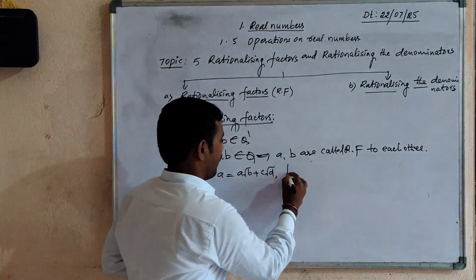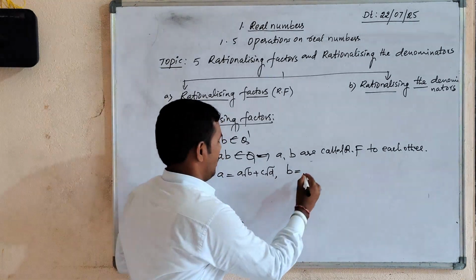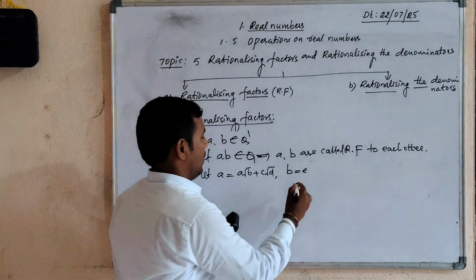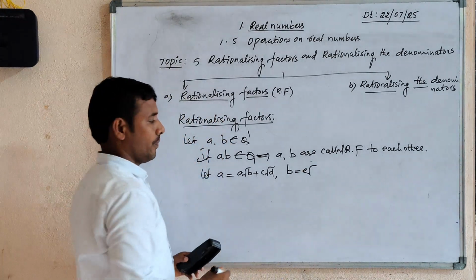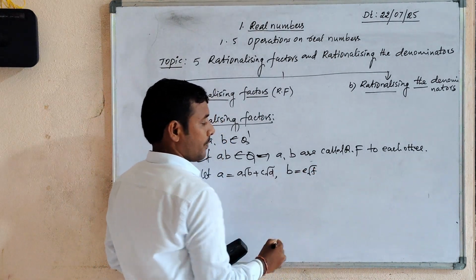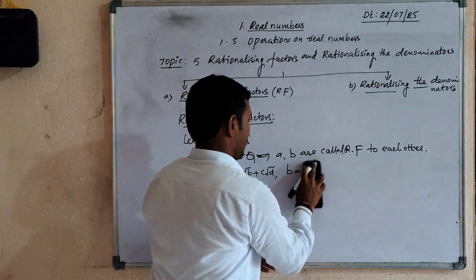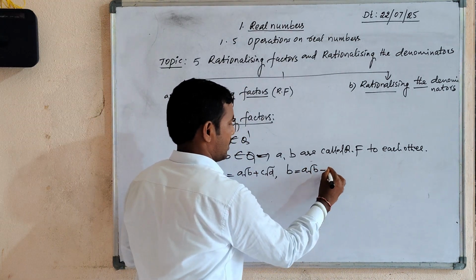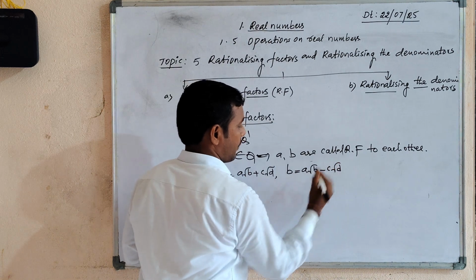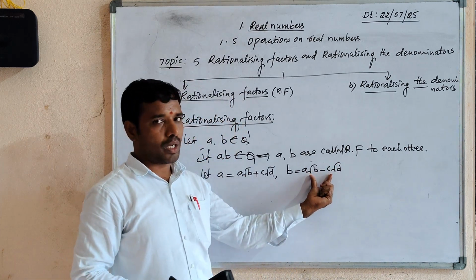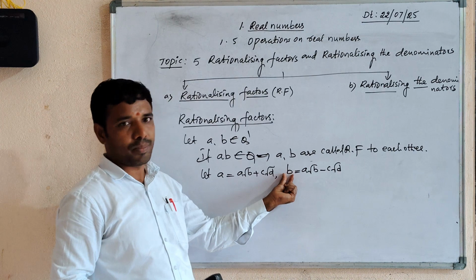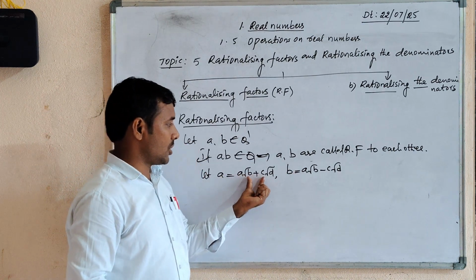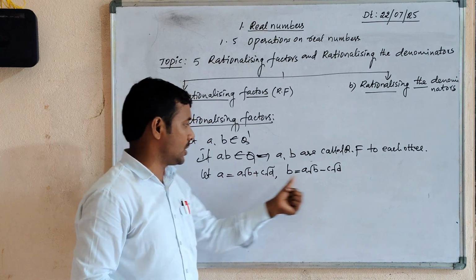Let us take b equal to a into square root of b minus c into square root of d. This is also one of the irrational numbers, which is considered as b. Carefully observe: this is irrational, this is irrational, this is a, this is b.